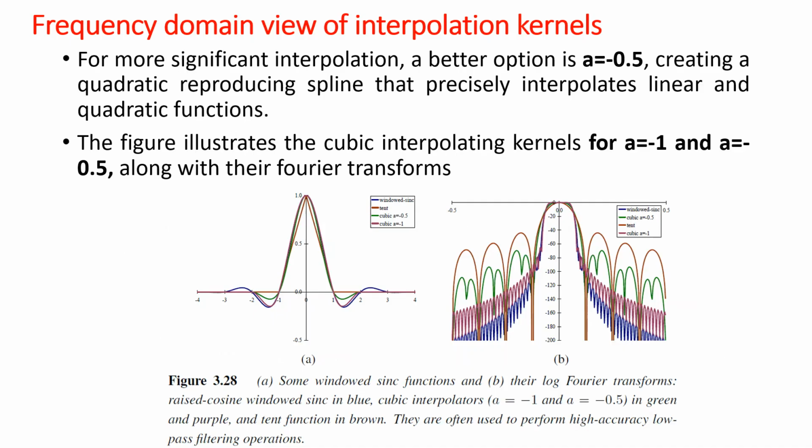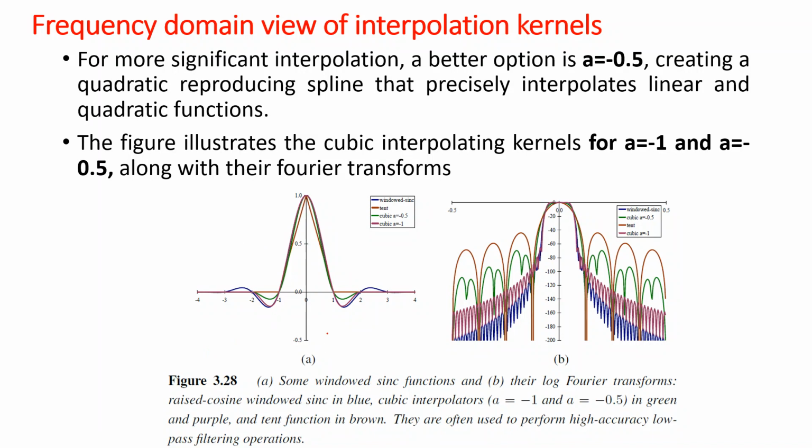Okay. So the next one is on applying the frequency domain. We have already seen the purpose of frequency domain in Fourier transform. The same is represented here. Here we have two images. The first image represents the spatial domain and the second image represents the frequency domain.